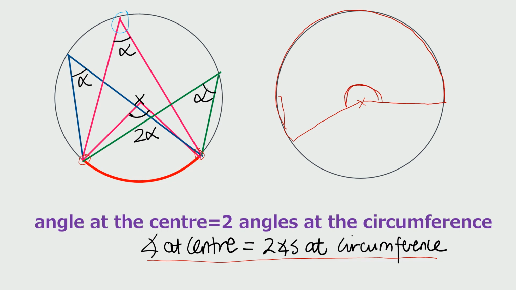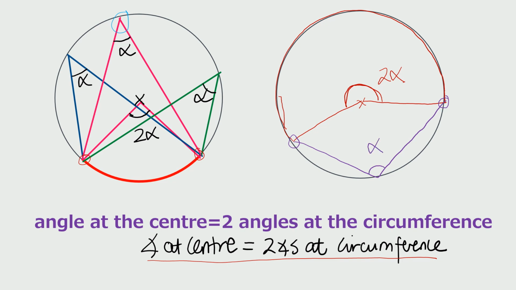Let's say this angle is 2 alpha. Using the same two endpoints of the arc, we can subtend an angle at the circumference. The angle that subtends at the circumference will be this angle here, and this will be alpha.